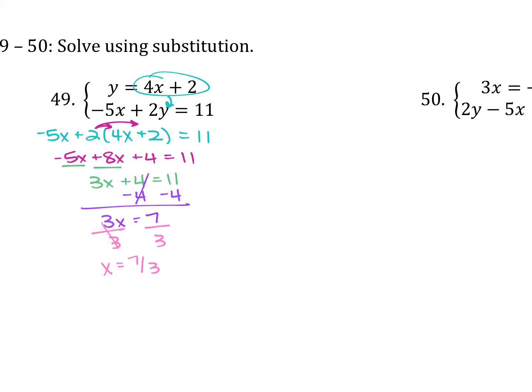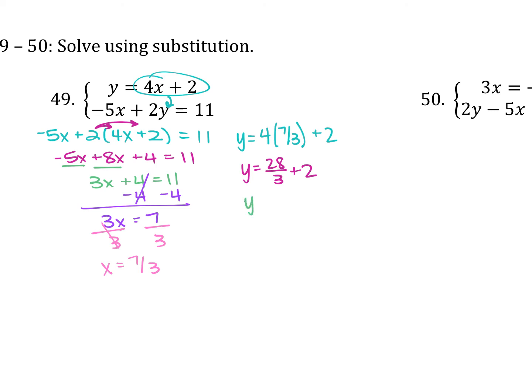Okay. So still searching for your y. You have y is equal to 4 times x, which we found is 7/3, not 7 over 13, plus 2. The 4 times 7 gives us 28, so that's y is equal to 28 over 3 plus 2. That 2 has to turn into a fraction with 3 in the denominator in order for you to add the 2.